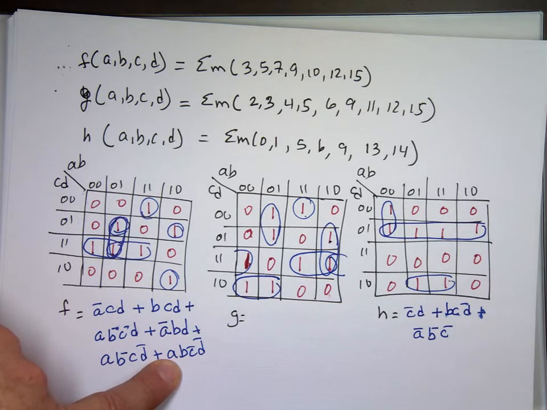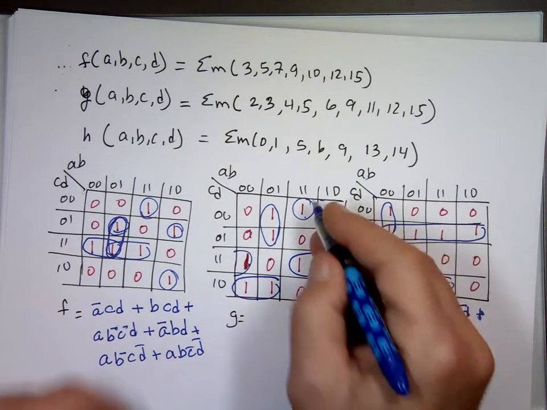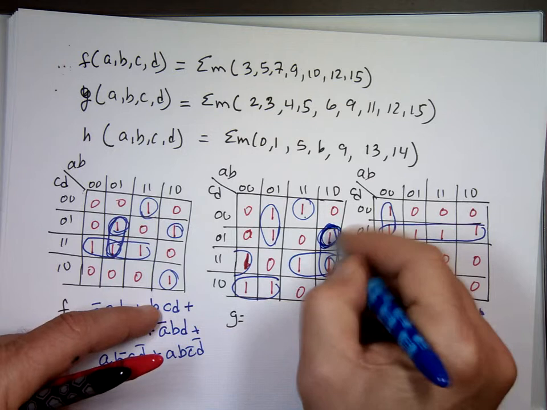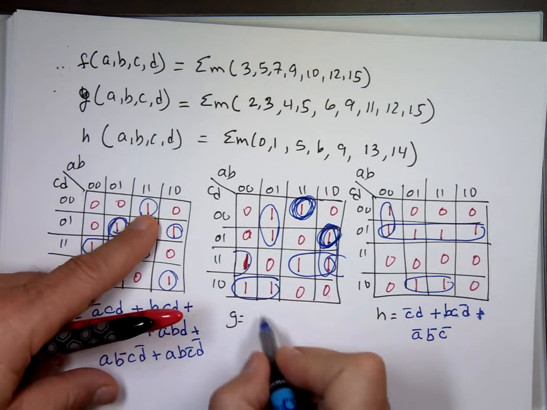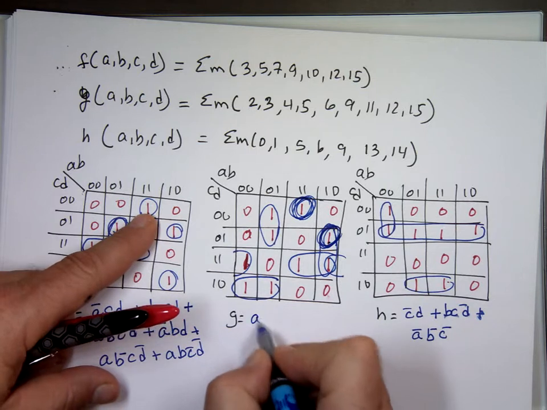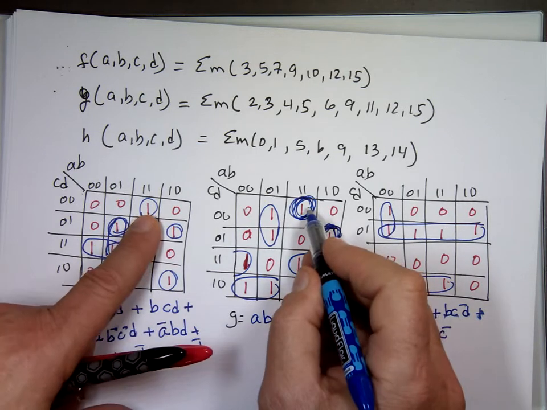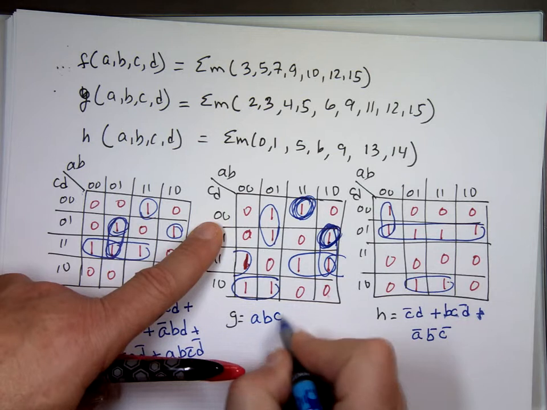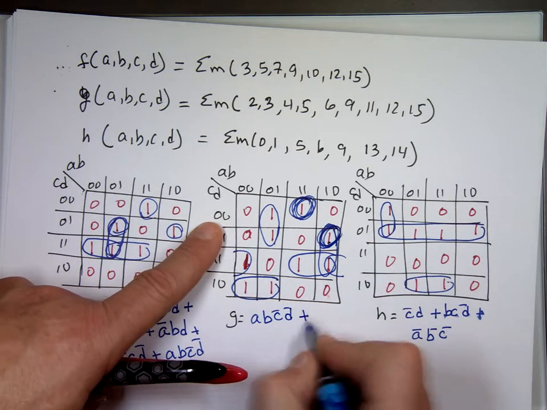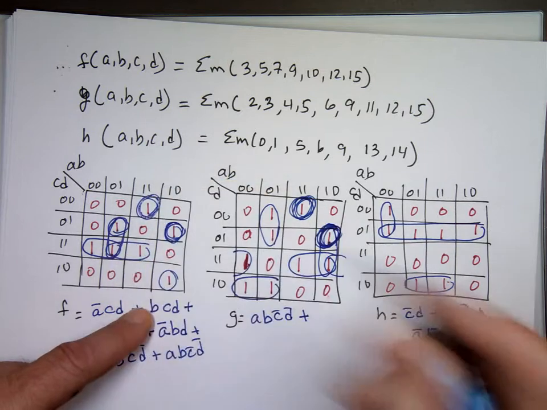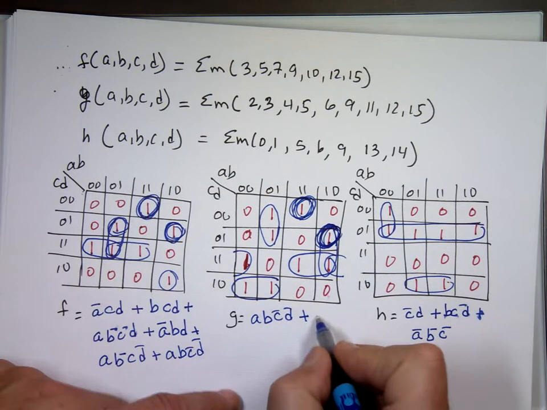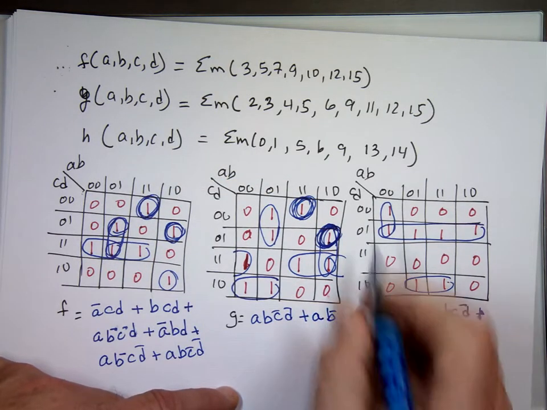I will go with this separate, that separate, because that will give me A, B, C bar, D bar. I'll take this separate to match this one, I'm trying to color them. And this will be A, B bar, C bar, D.